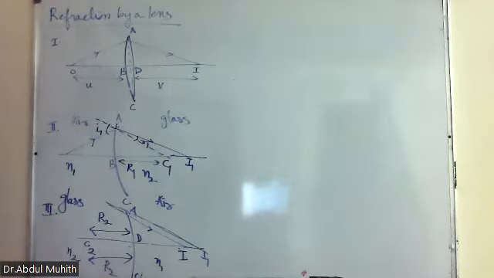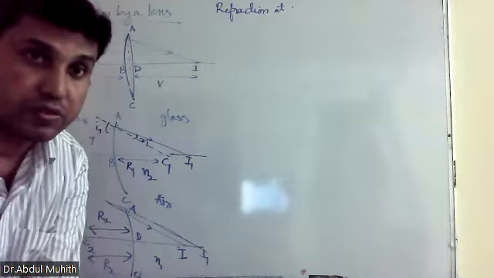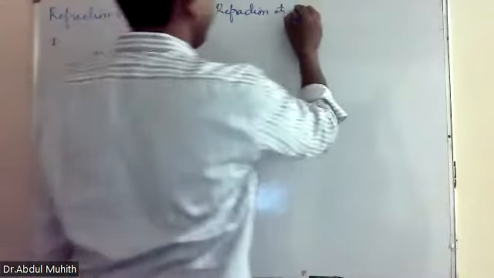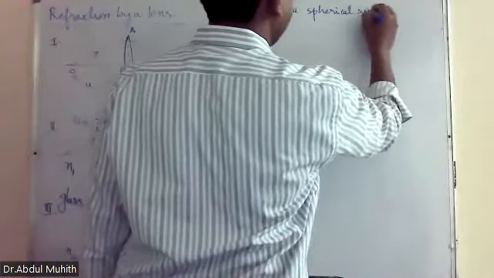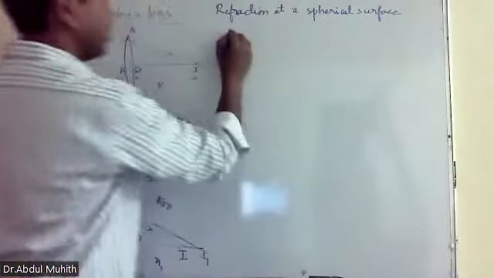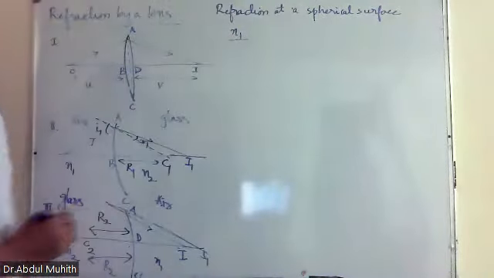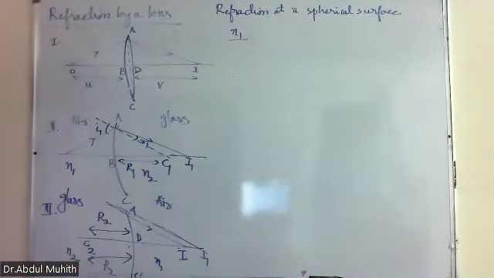Now we will start from the lens diagram. Refraction at a spherical surface. What is the formula?